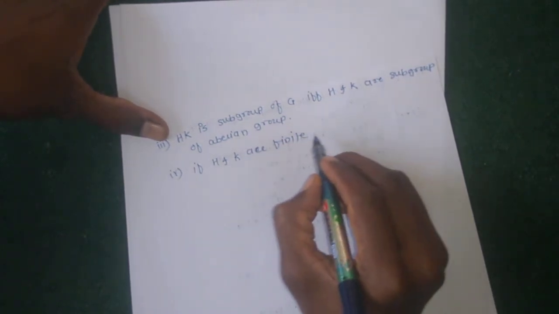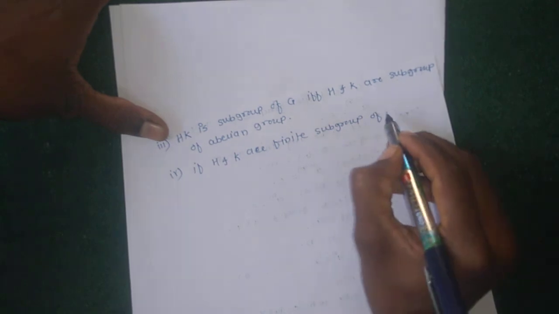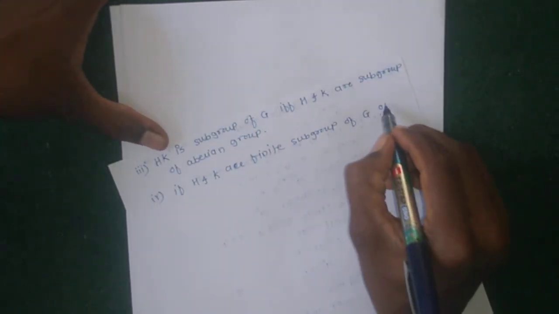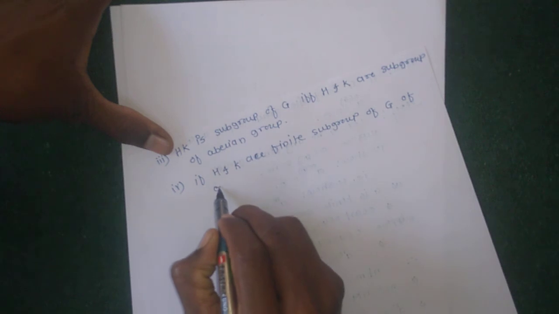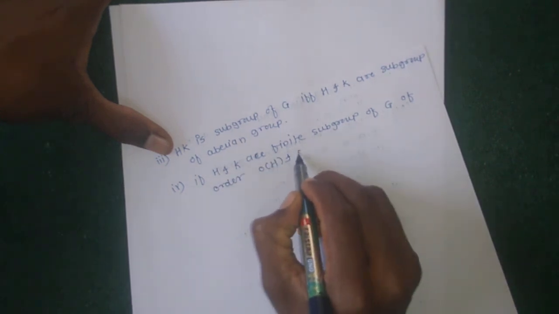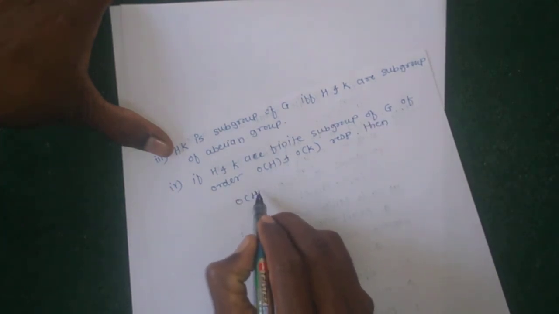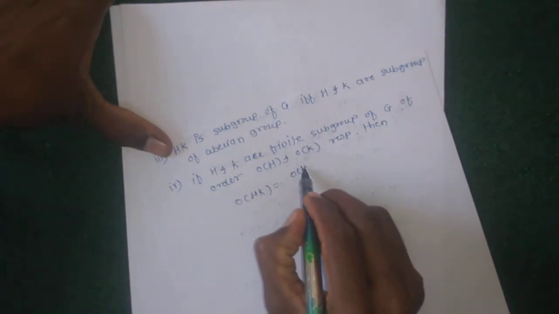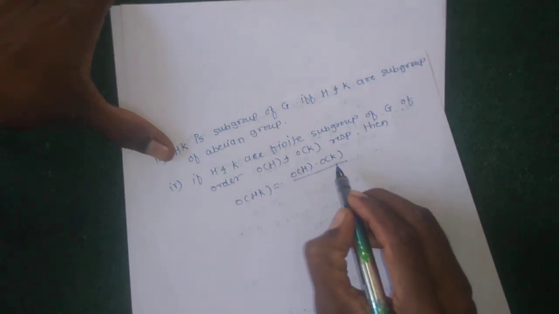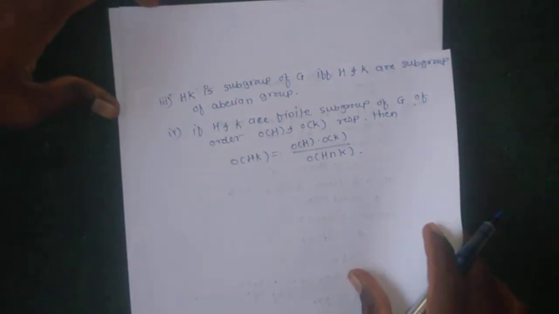If H and K are finite subgroups of G of orders order of H and order of K respectively, then the order of HK, which means the product of the two subgroups, is order of H into order of K divided by the order of H intersection K. This is an important note for solving examples.